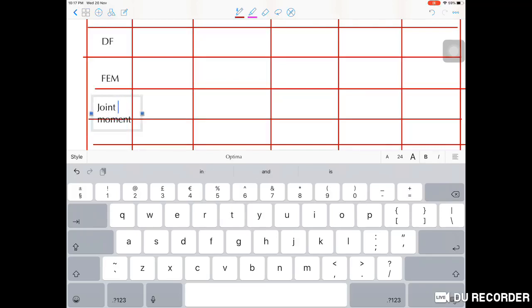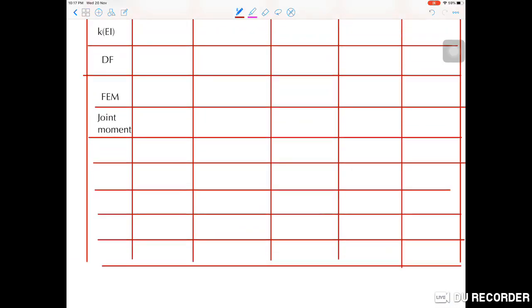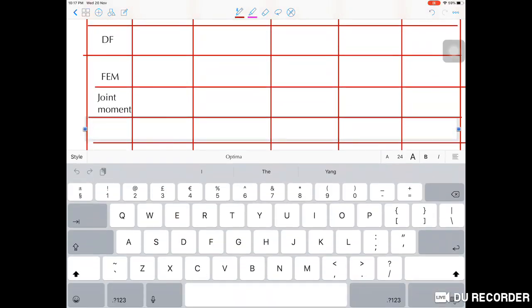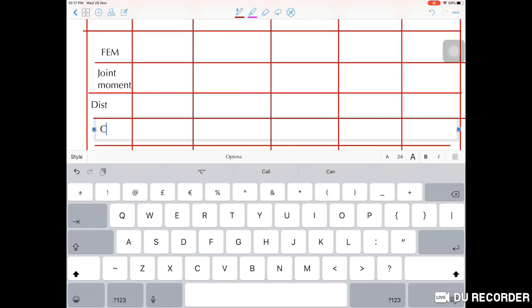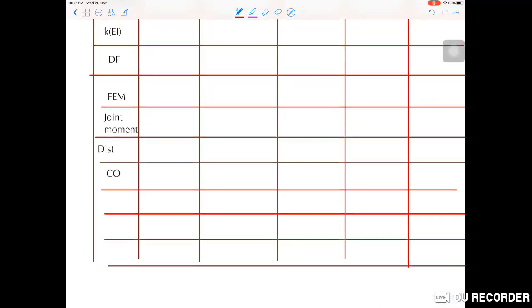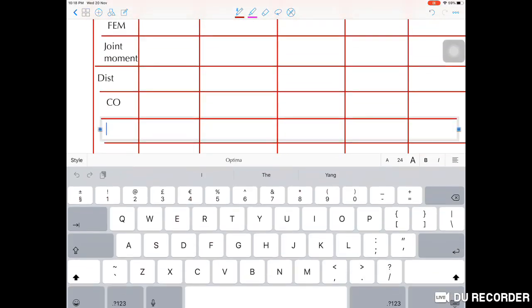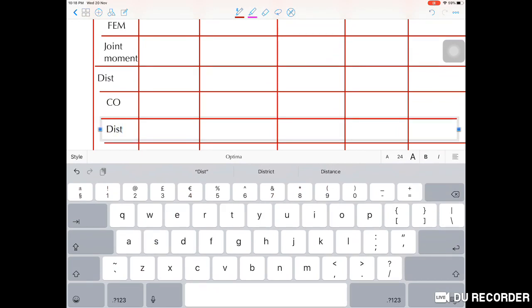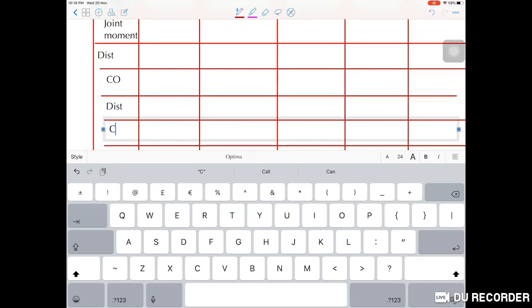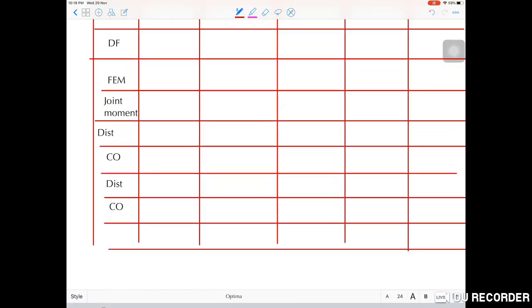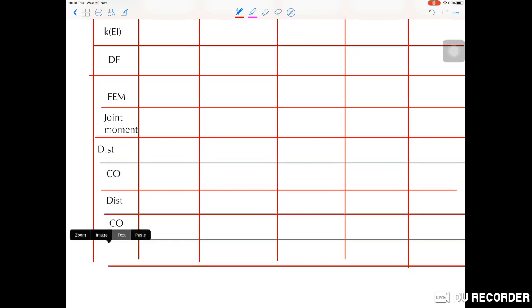So here we have carry over, distribution, carry over, distribution.